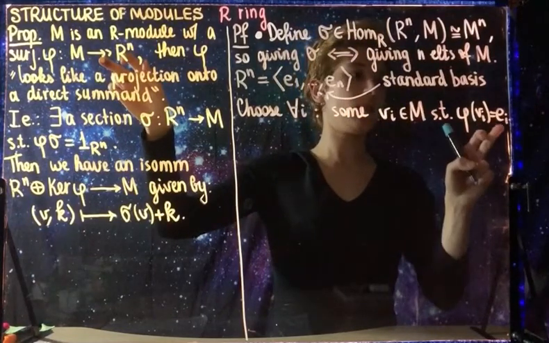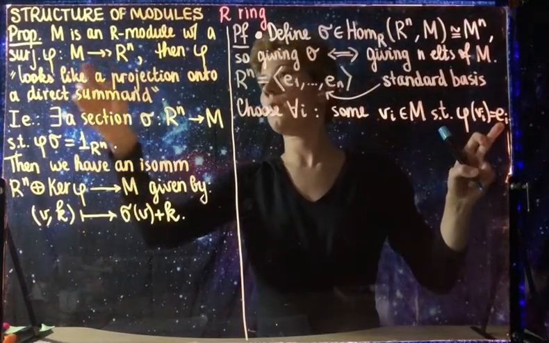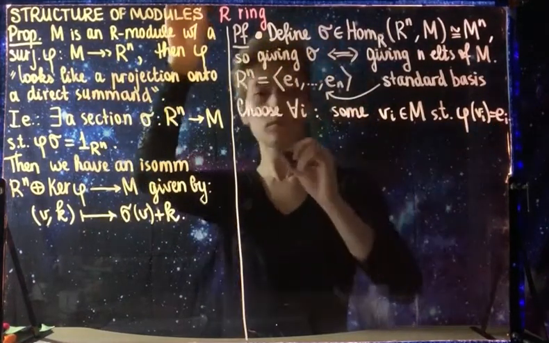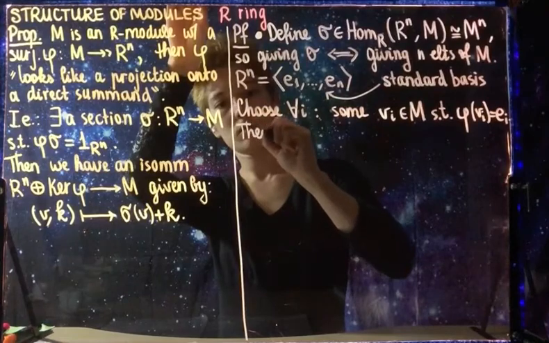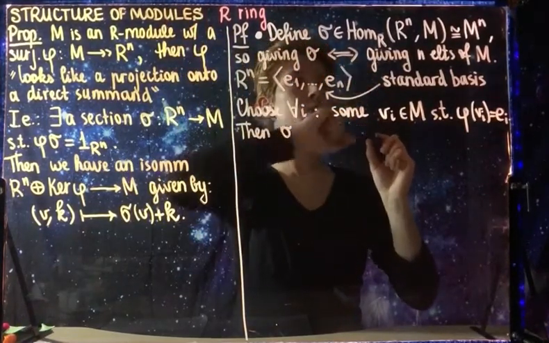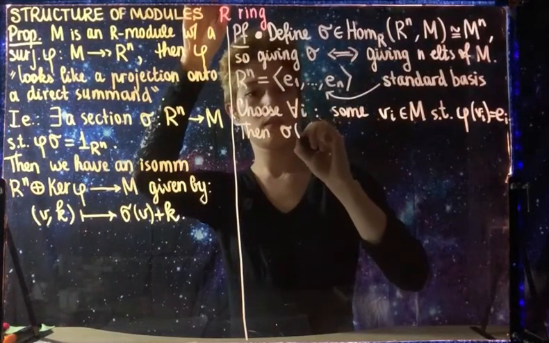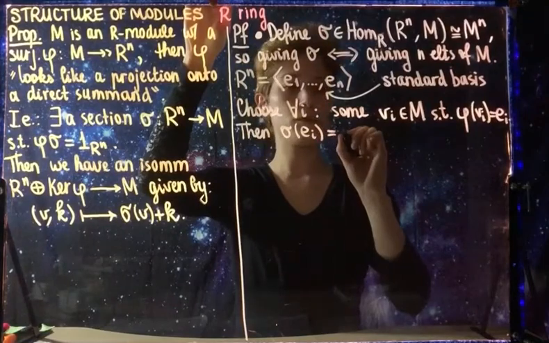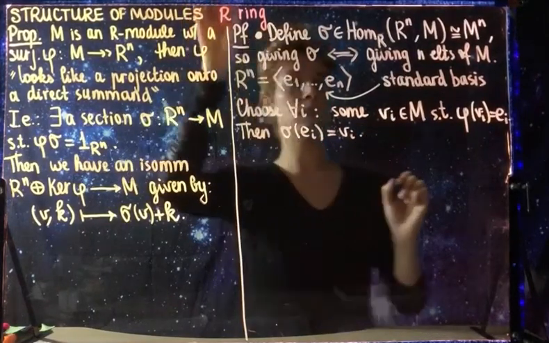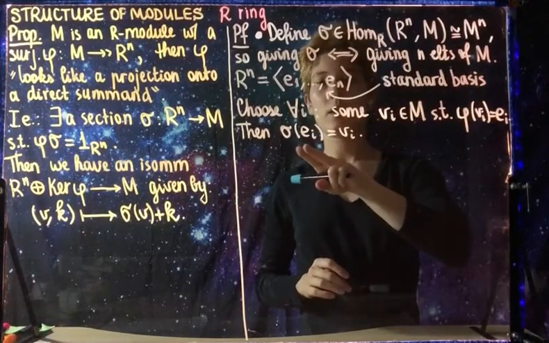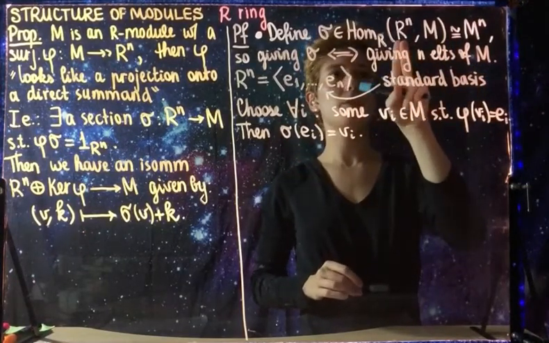These vi's do exist because phi surjects onto R^n. Then sigma is defined on standard basis vectors by sending ei to vi. And by this exercise, sigma is a homomorphism from R^n to M.